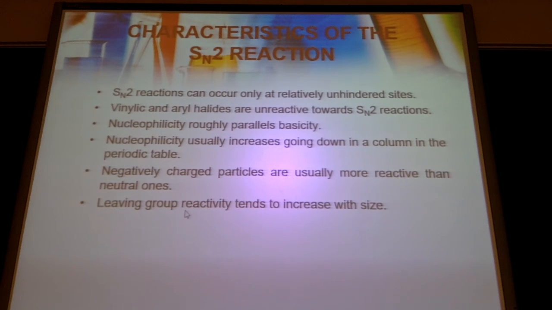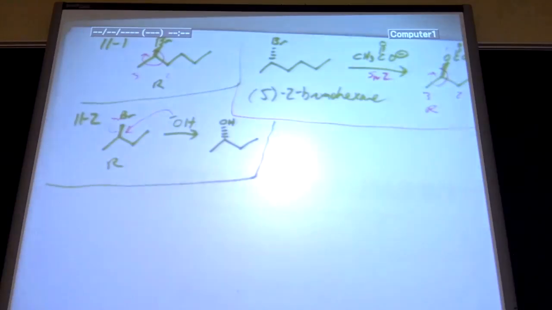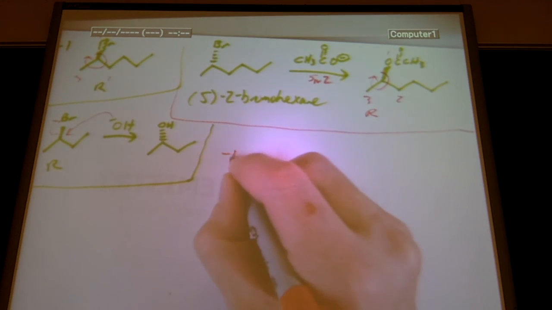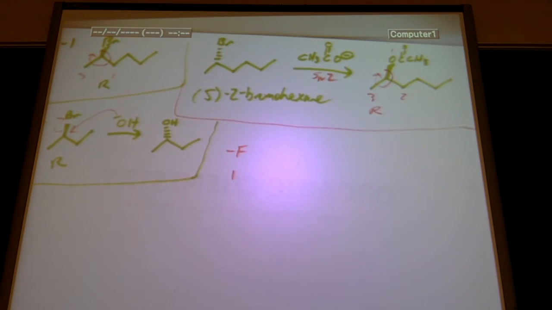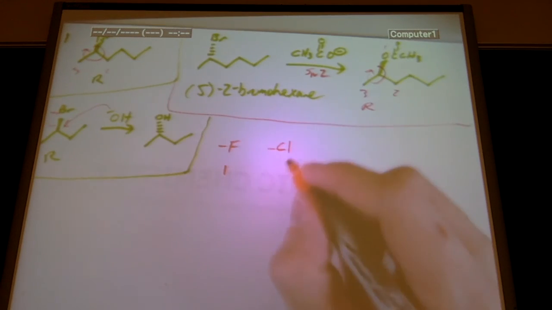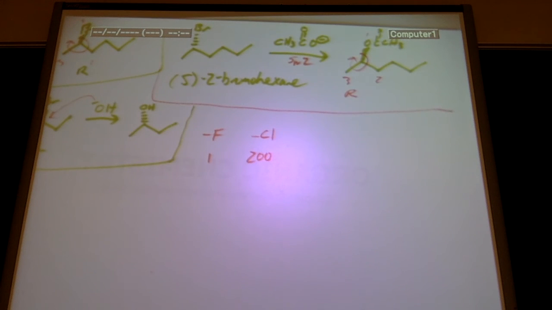Leaving group reactivity tends to increase with size. So we're talking about halogens here. If I look at fluorine, I call the reactivity of fluorine as a leaving group 1. If I look at chlorine, we're getting larger as we go down the column of the periodic table.